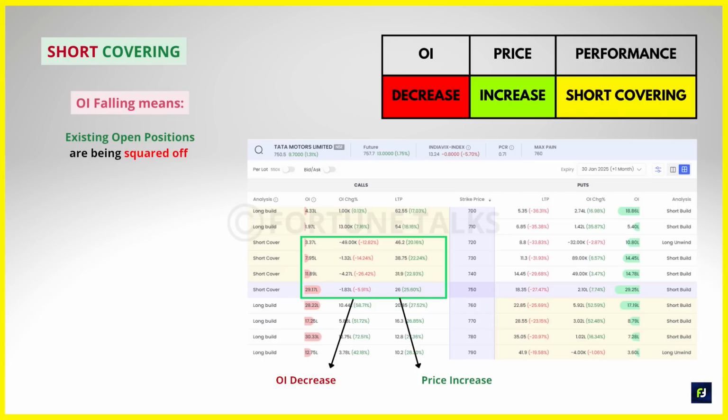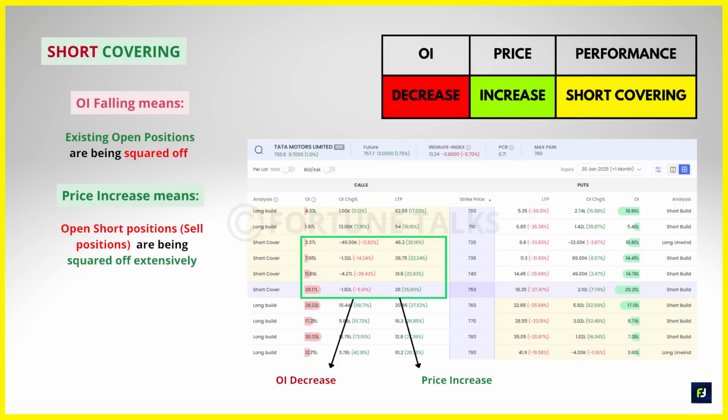To understand this logic, you must ask an important question. Why is the open interest falling? The simple answer is that OI is falling because the existing positions are being squared off, and therefore the number of open contracts in the market is reducing. But since the price is also rising with it, it means that short positions are actually being squared off in this transaction.